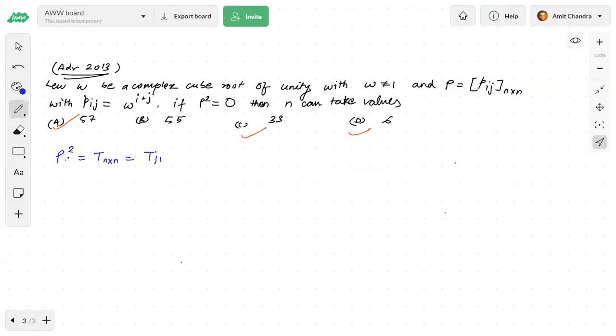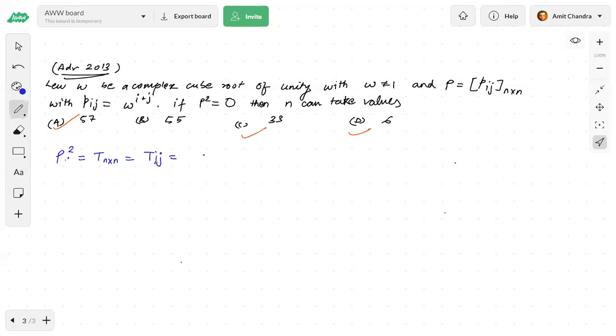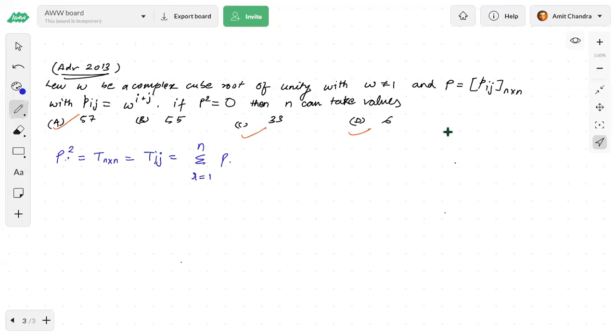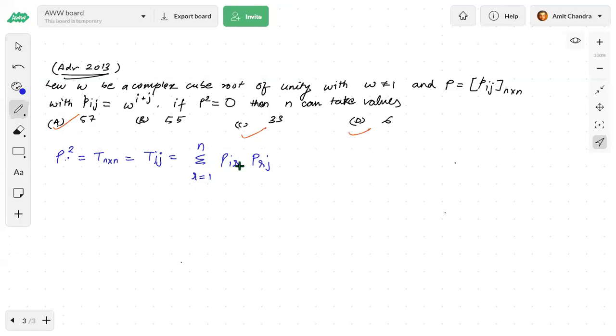So let's take P square to be a matrix T of n cross n. So Tij I can write as sigma of R equals 1 to n, PIR into PRJ. Let's see what value we will get for this, because they have already given that Pij is this thing.